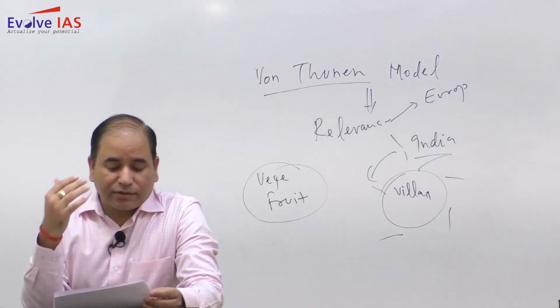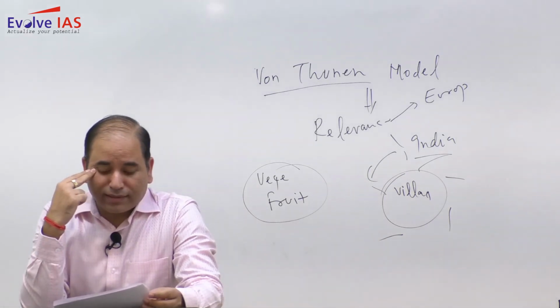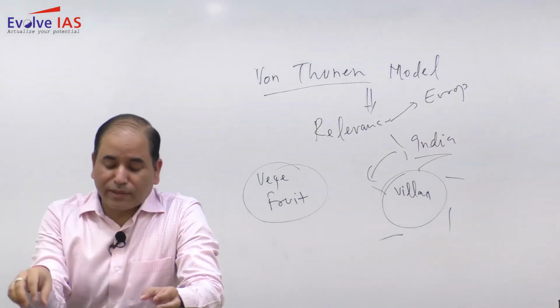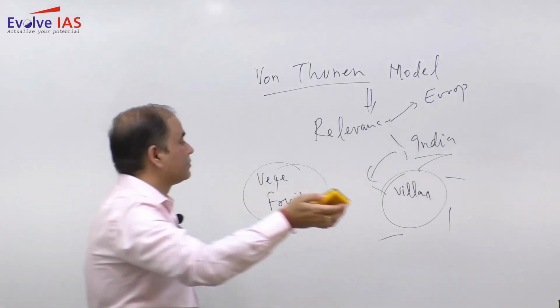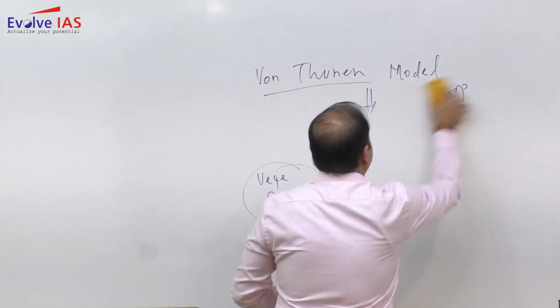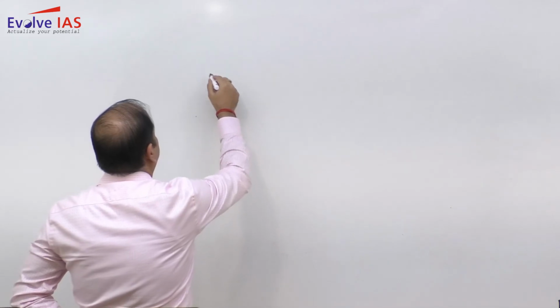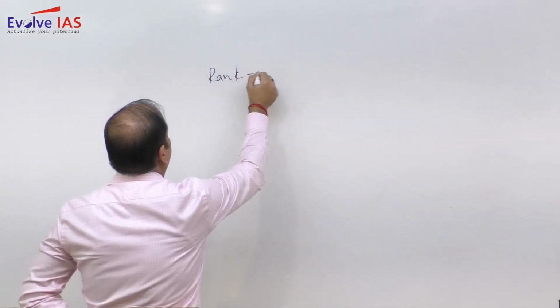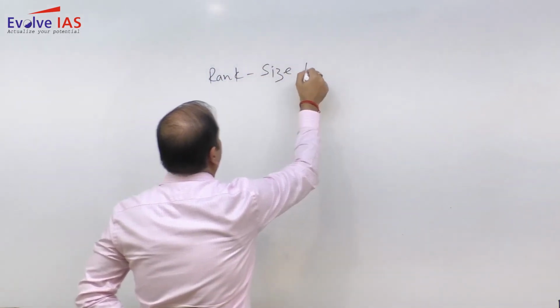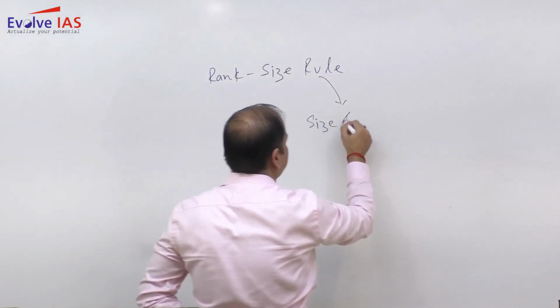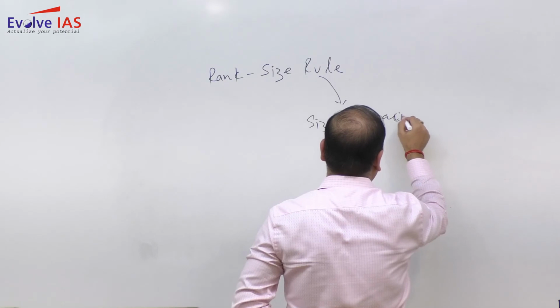Last question: discuss the concept of the rank size rule given by G.K. Zipf. Is this rule relevant in the Indian context? The rank size rule is associated with the size and spacing of cities.